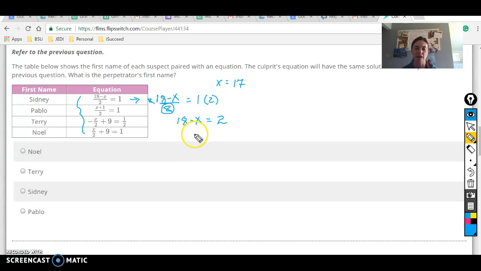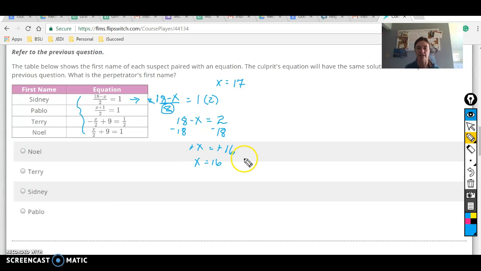And then if I subtract 18 from both sides, I get negative x equals negative 16. So if I can then make both of these positive, essentially by multiplying each side by negative 1, I get x equals 16.